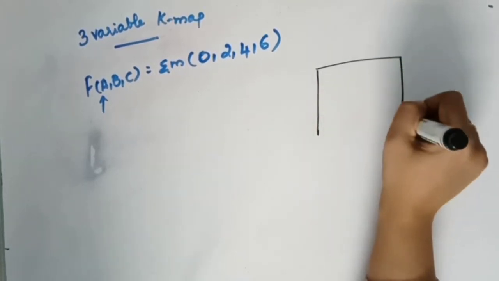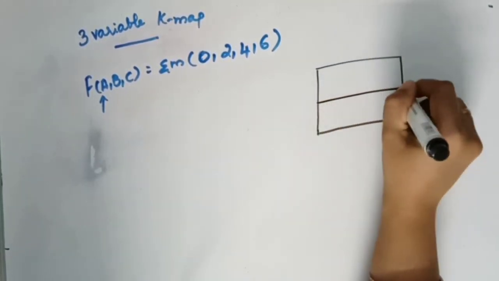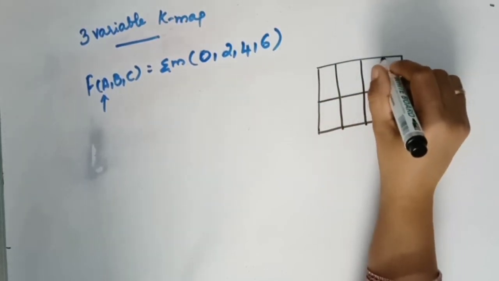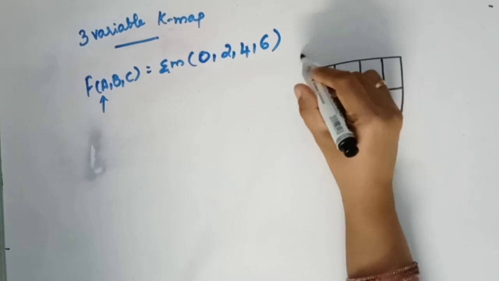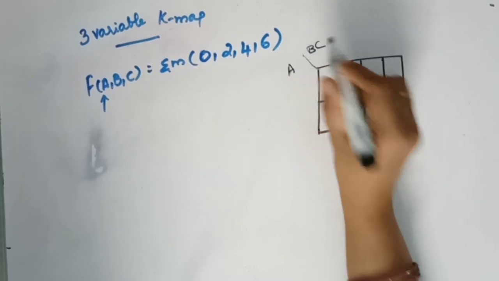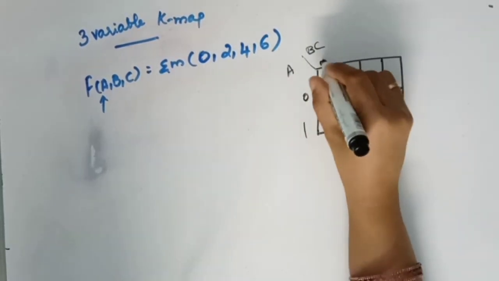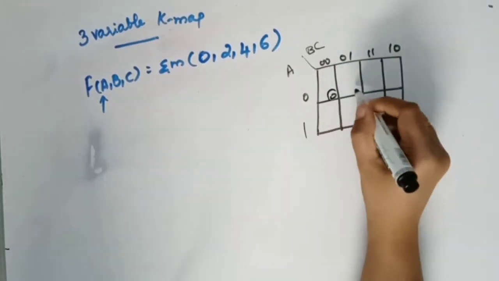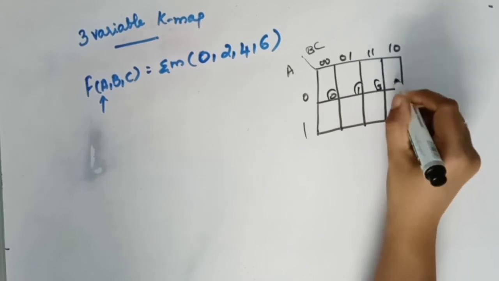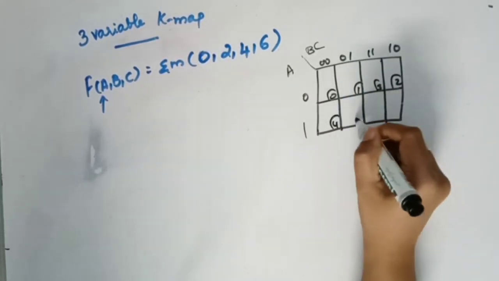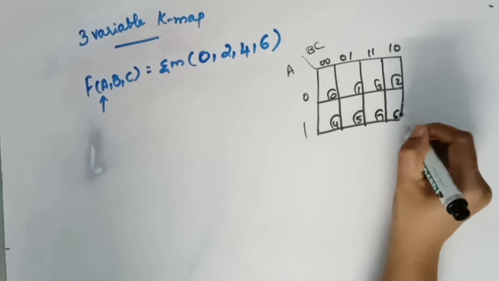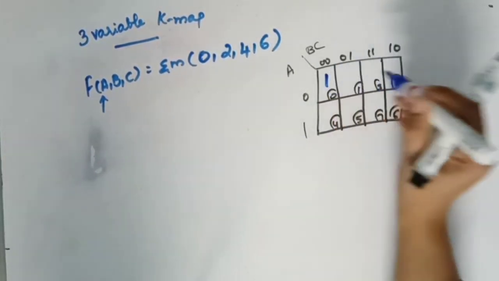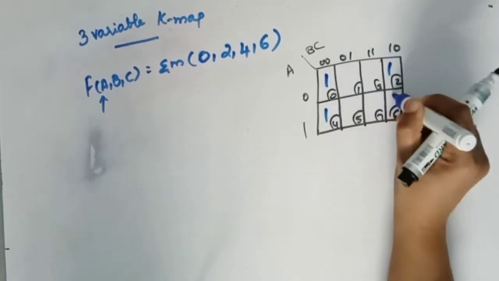So A B C 0 1 0 0 0 1 1 1 1 0. So this is 0 1 3 2 4 5 7 6. So 0 2 4 6. 0 2 4 6.